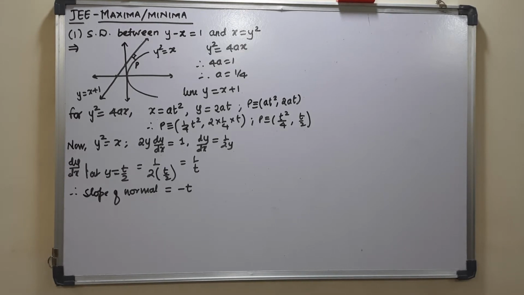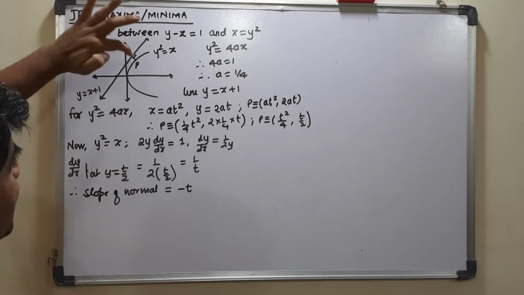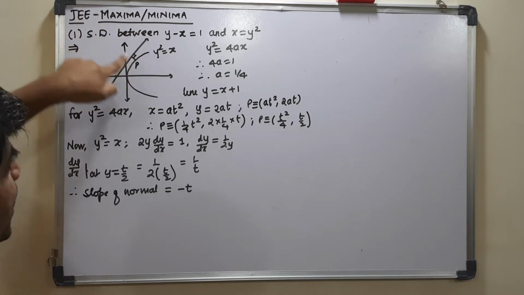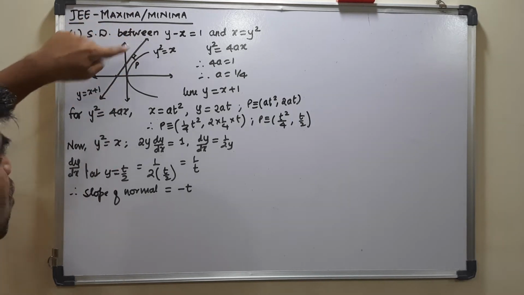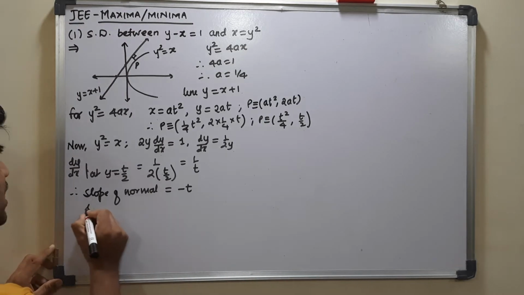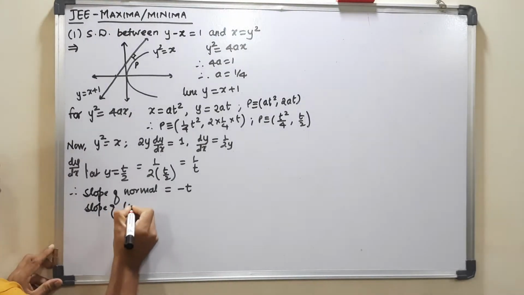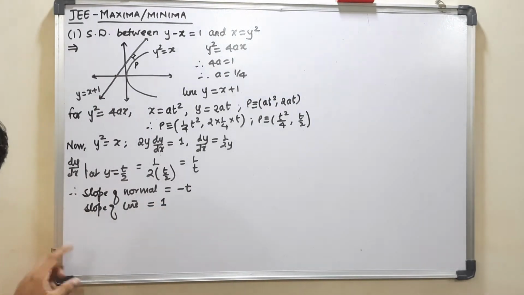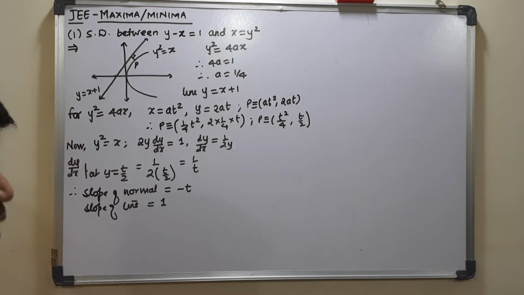Now you know one thing, that this is a normal. So this is also a line which is normal to this normal. That means slope of line already is here. Slope of line by the equation is 1. Okay. y is equal to mx plus c. So m is equal to 1.